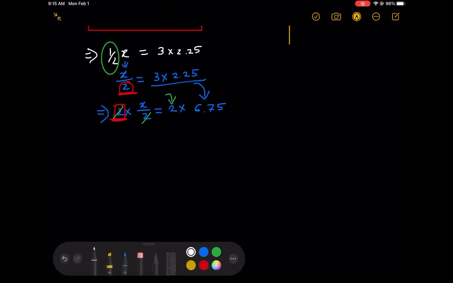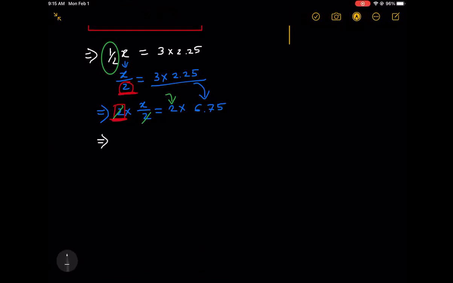So we have done that, and finally we'll have that isolated x, and 2 times 6.75 would give us, I guess it's 12 and half, so it should be 13.5.